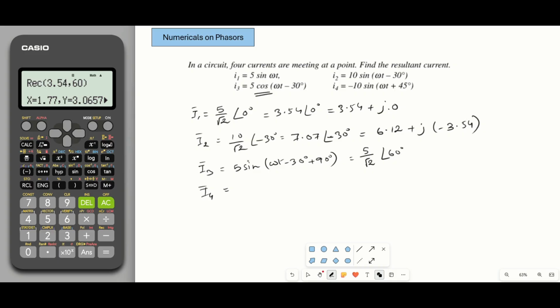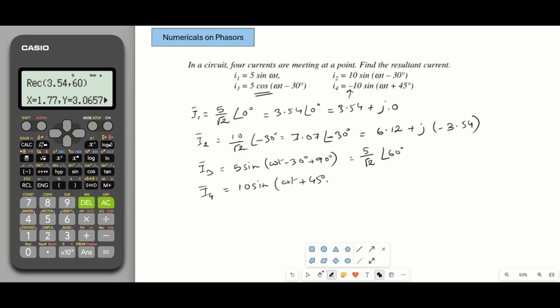Now similarly in the other case, we can convert this negative sign into a positive sign. How can that be done? It will be 10 sine of omega t plus 45 degree, which is already given.